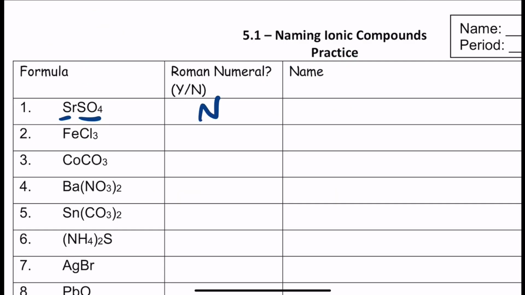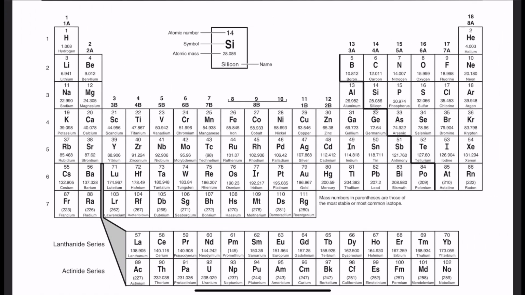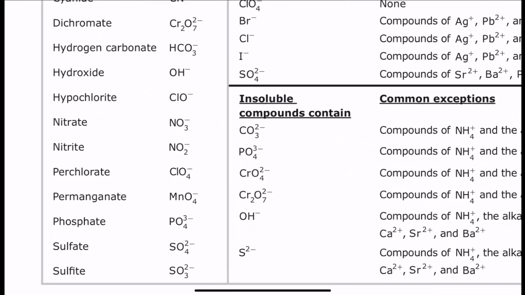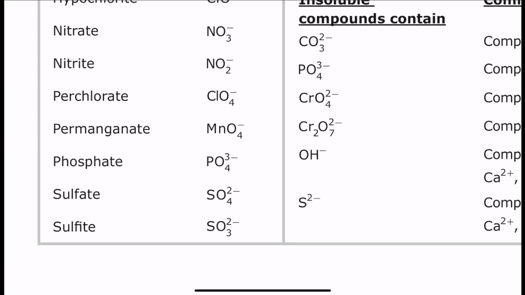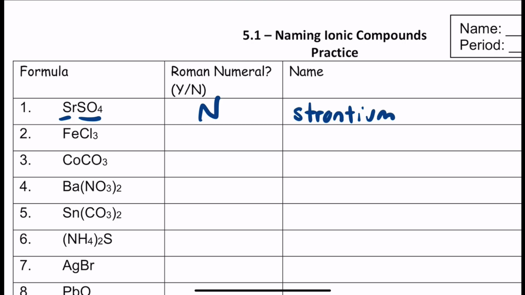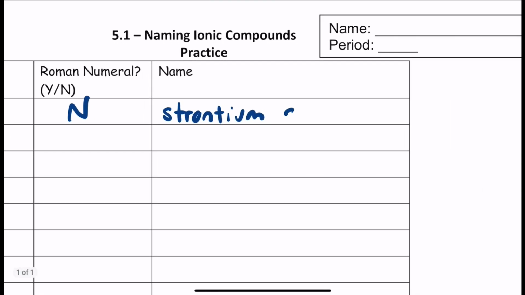And then for SO4, I just have to look up where that is here. It's something that we saw before. This is a common polyatomic ion, sulfate. So this is called strontium sulfate.